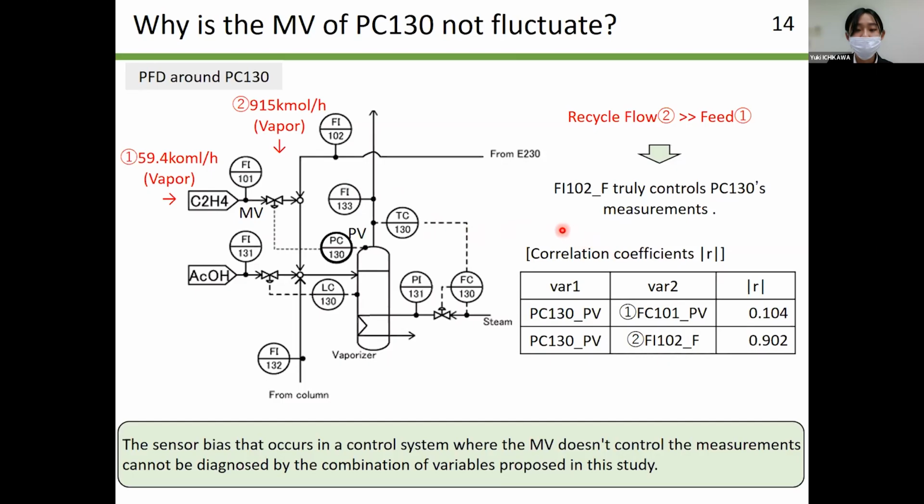It can be seen from the correlation coefficient. It was found that the sensor bias that occurs in a control system where the MV doesn't control the measurement cannot be diagnosed by the combination of variables proposed in this study.